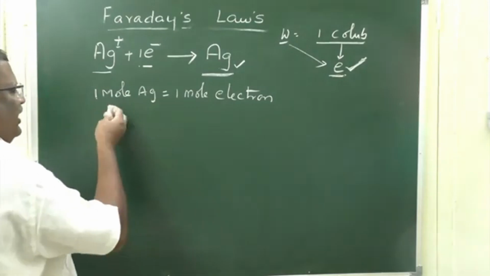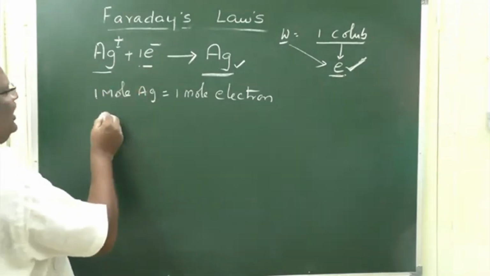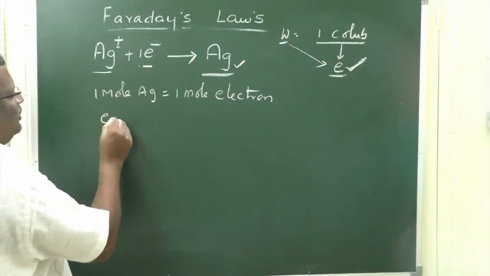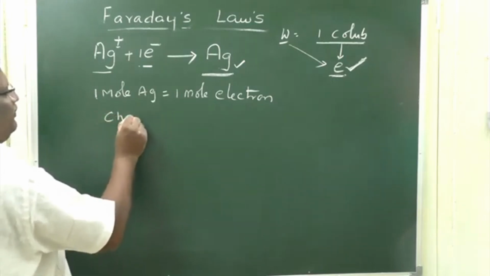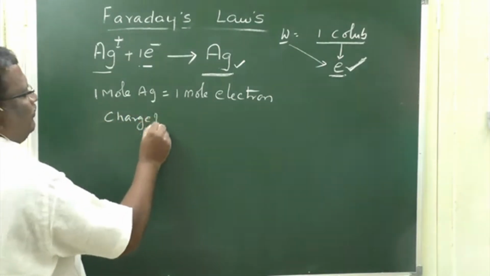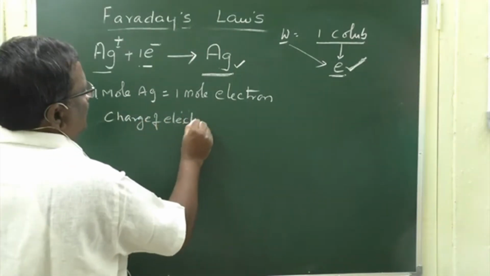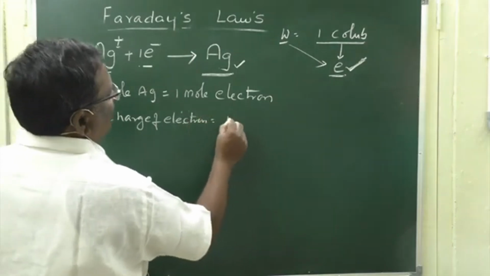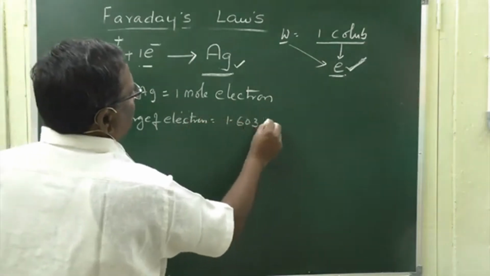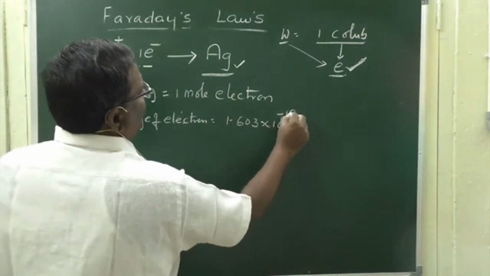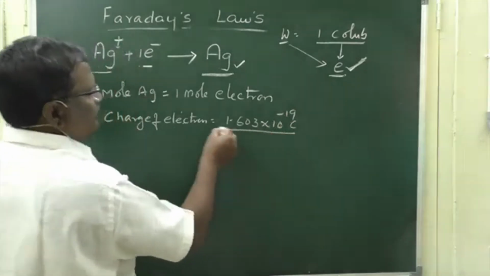Now, even in atomic structure itself, we came to know that the charge of a single electron is 1.603 x 10^-19 coulombs.